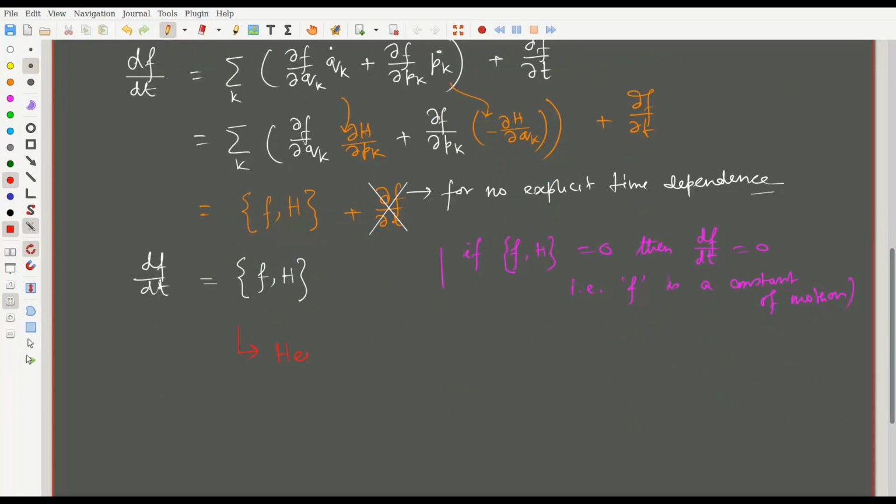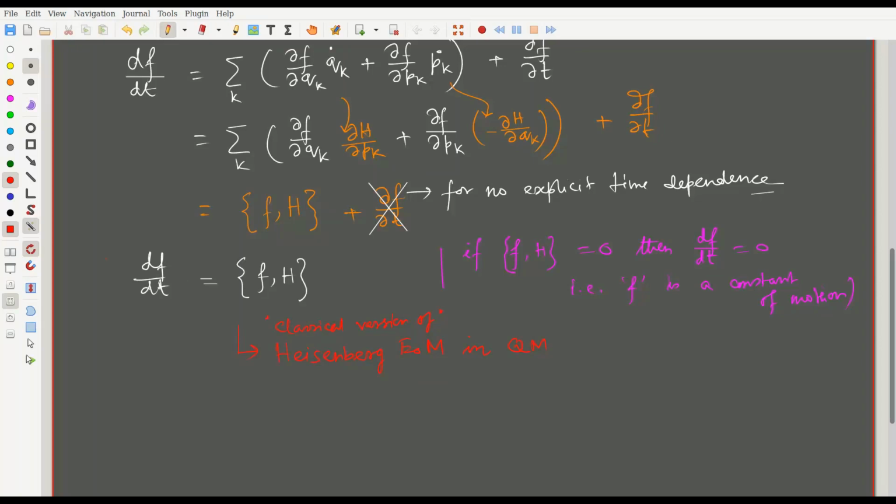So this is the classical analog, the classical version of the Heisenberg equation of motion in quantum mechanics. Good.